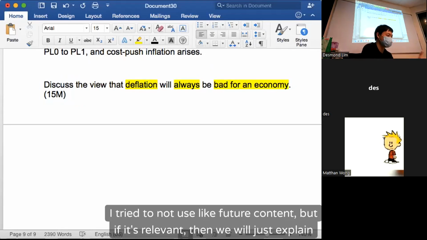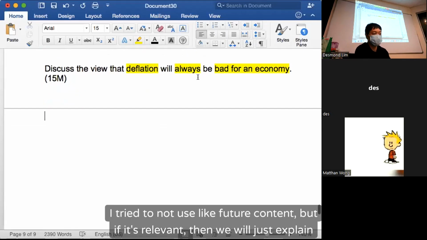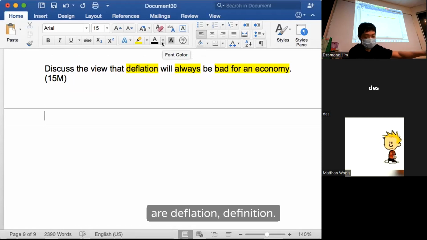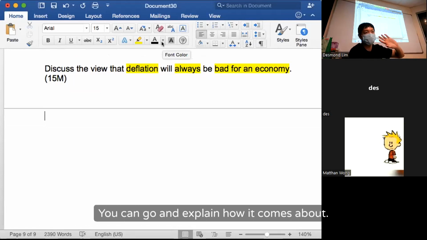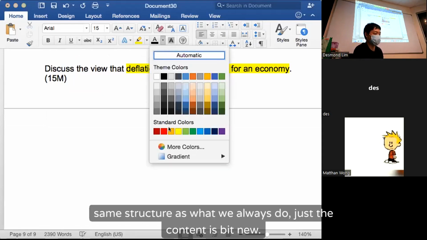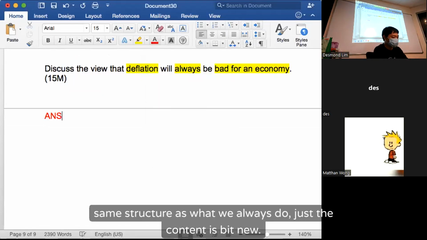I try to not use future content, but if it's relevant, then we will just explain in a more layman way. Same structure: deflation, definition, you can explain how it comes about. Then yes, it is bad. No, it is not bad. And then evaluation. Same structure as what we always do, just the content a bit new.